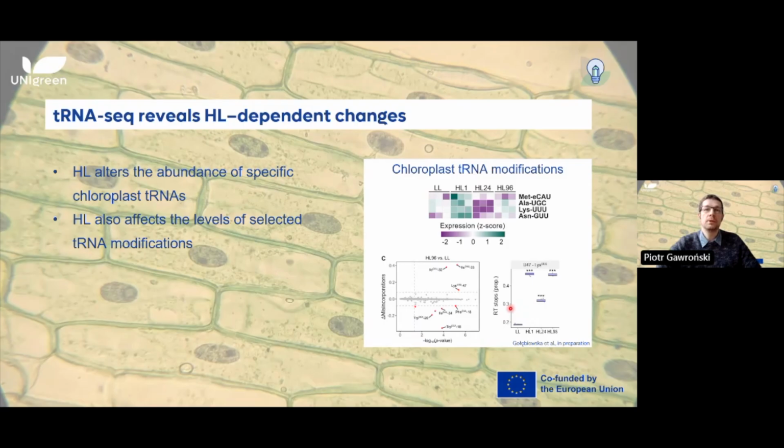And we hypothesized that abundance of this modification increases during high light exposure. However, this observation requires further investigation. Together, these results suggest that high light reshapes the tRNA pool and its modification landscape to coordinate translation.